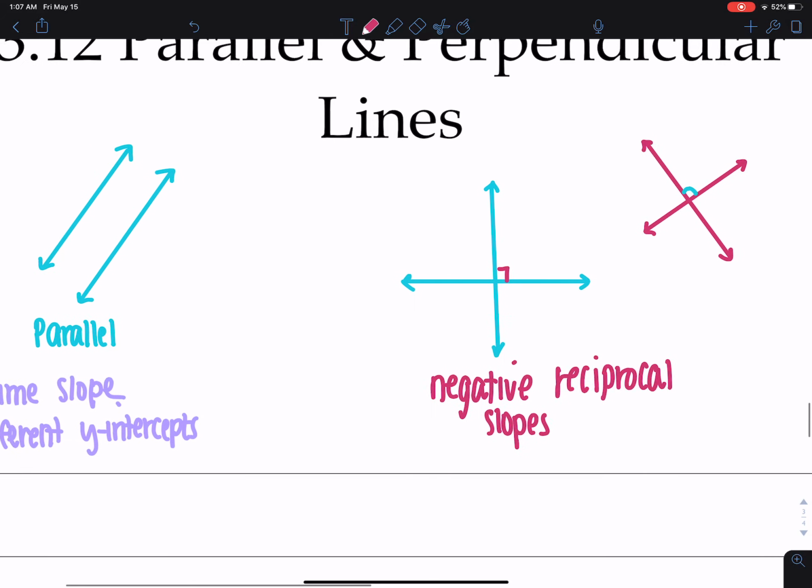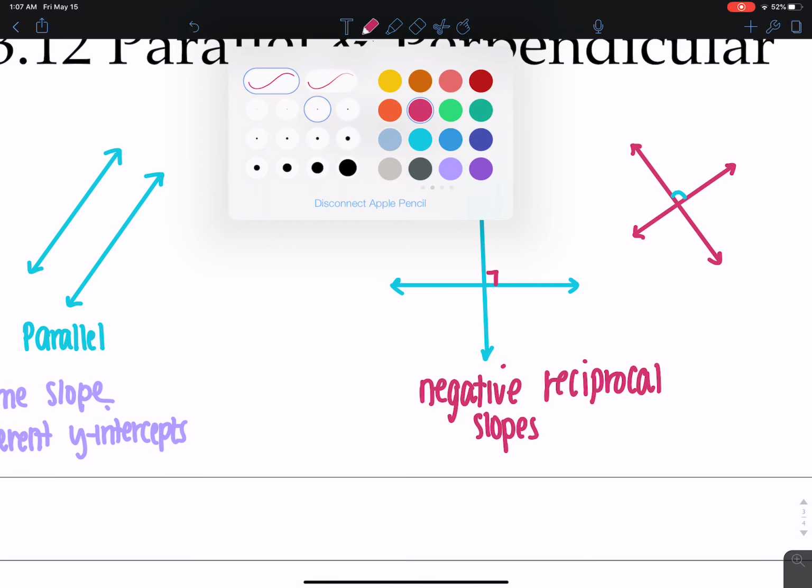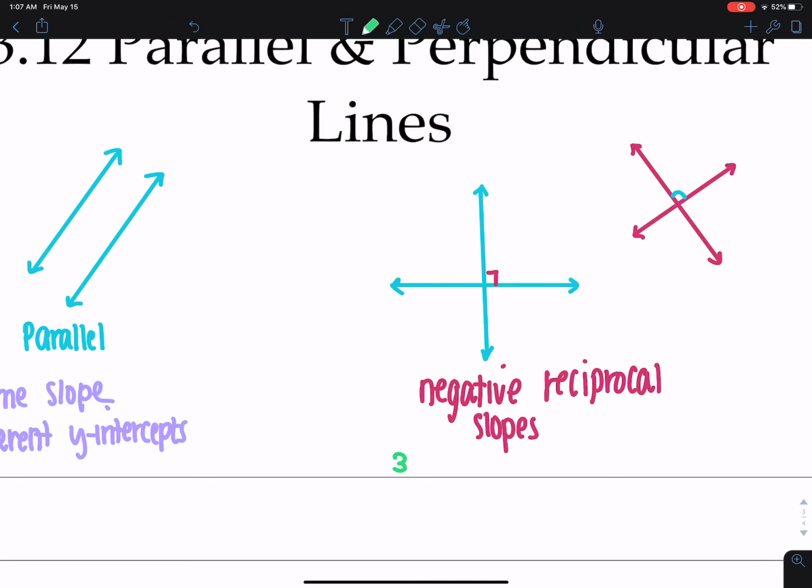What the negative reciprocal means is, if we have something like 3/5, then a perpendicular slope to that is going to be negative 5/3. So you flip your fraction and you flip your sign. Another example, if we have negative 1/3, that's negative, so our slope is going to be positive, and we would have 3/1, which is just 3.